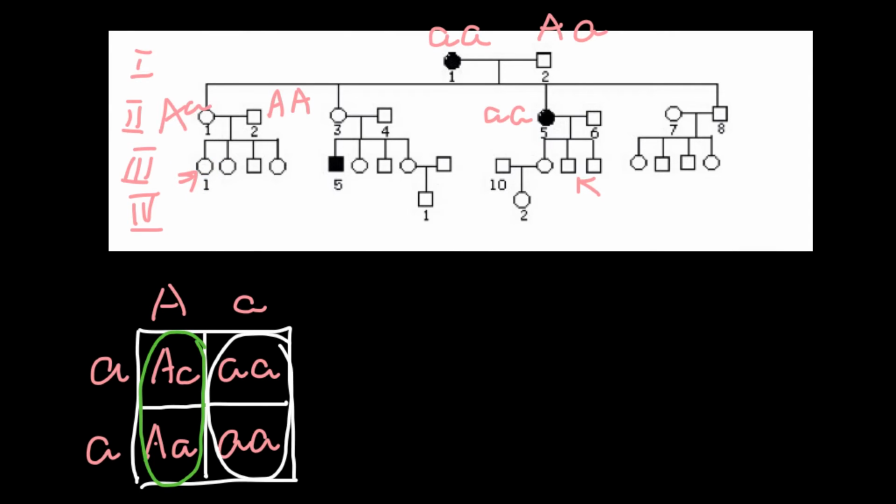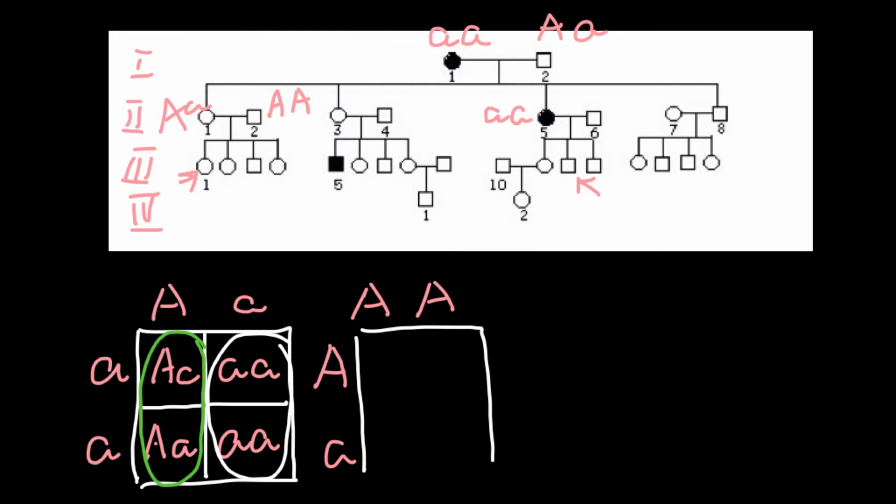So what is the probability for their child to be a carrier? Once again, we have one parent who is male and his genotype is capital A, and the female has genotype capital A, small a. When we build a Punnett square, we can see the probability for the child to be a carrier.